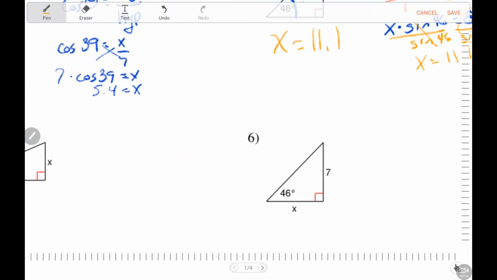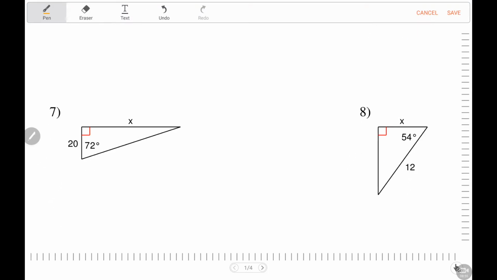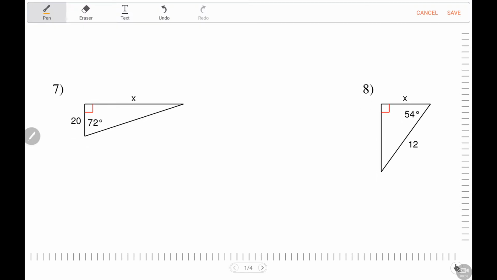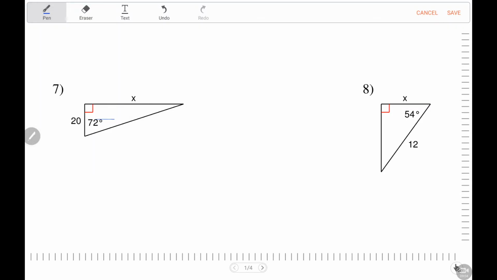I want to show you a couple more that will have the angles, or the triangles, in different orientations. So look at this one right here. So now you have, I'll switch back to my blue, you have this angle here. And now the right angle is in a little bit different spot, but we know always that the side opposite of the right angle is the hypotenuse.